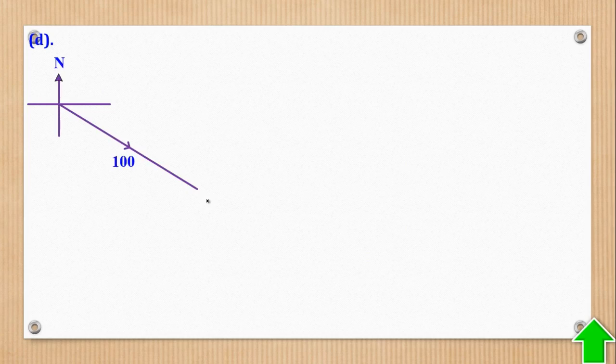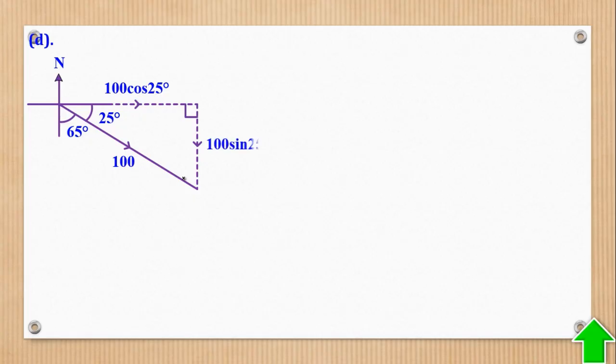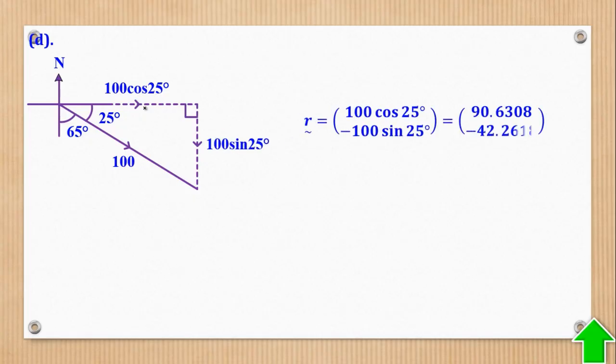That was part C. Then part D, still we shall make a sketch. So splitting this, horizontally it will be to the right, vertically it will be downward. So we shall complete that: to the right, which is positive, downward, which will be negative. So now expressing it in vector form, the horizontal will be positive, but vertical will be negative because it is downward.